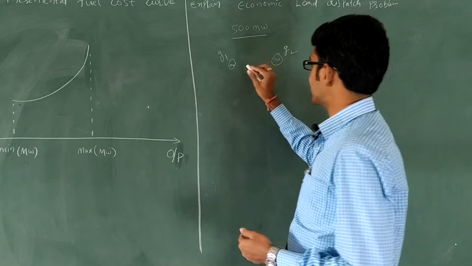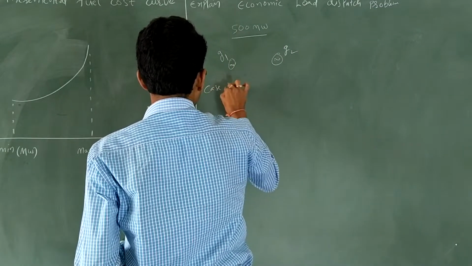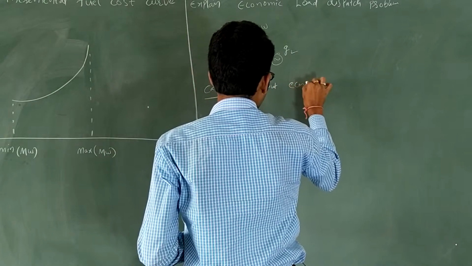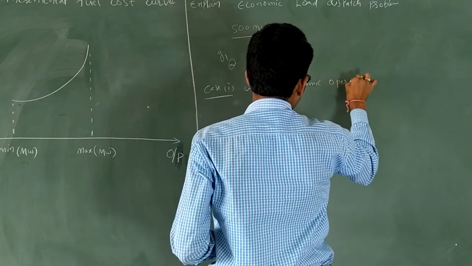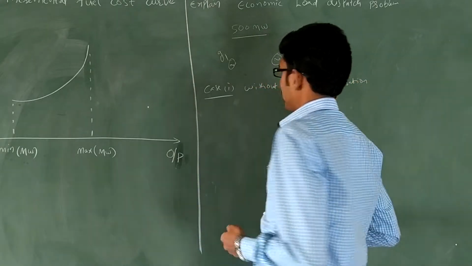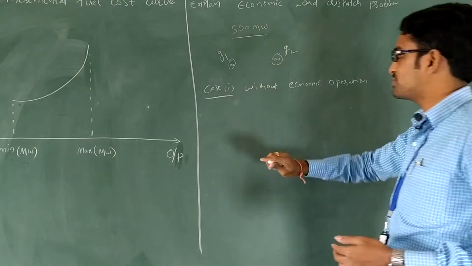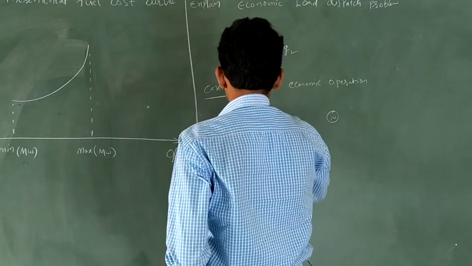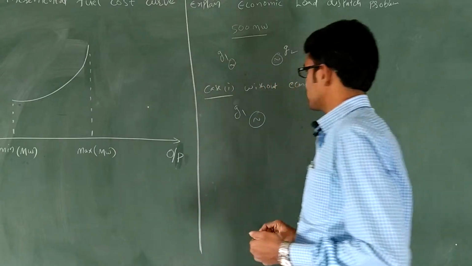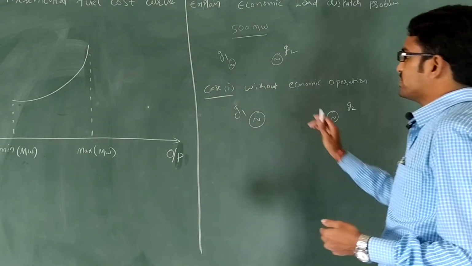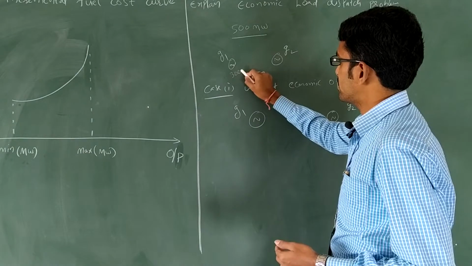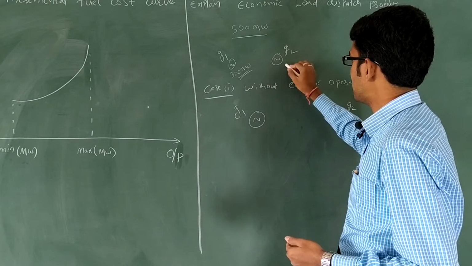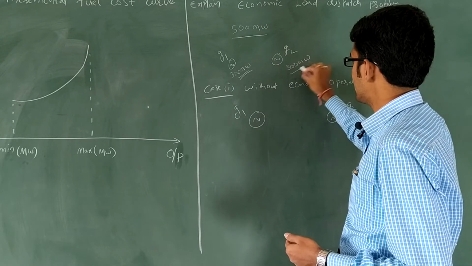First we will see case 1, without economic operation, that is, we are not considering the economic operation. How are we going to distribute the load between the generators? Here this is G1 and G2. These 2 generators have a rated generation of 300 megawatts, maximum it can generate 300 megawatts.